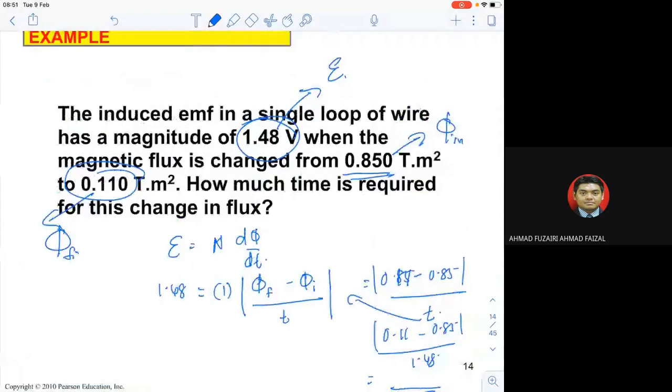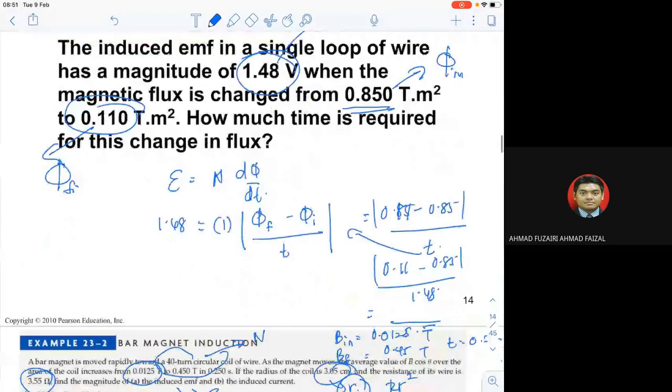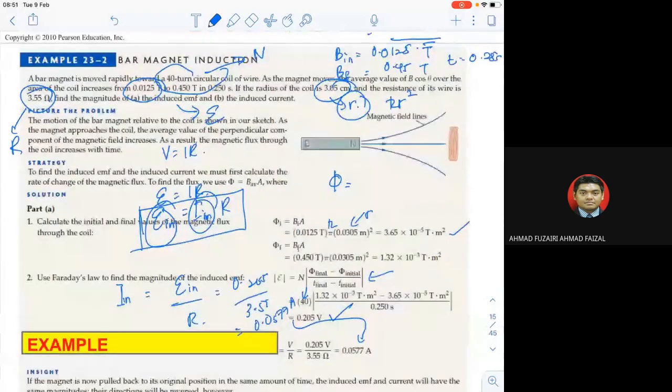But in this second example, it doesn't involve any flux, because it comes from the same area, but the difference is in the magnetic field. So we can put it inside the equation. You need to define the change in flux, so calculate flux initial and flux final separately.